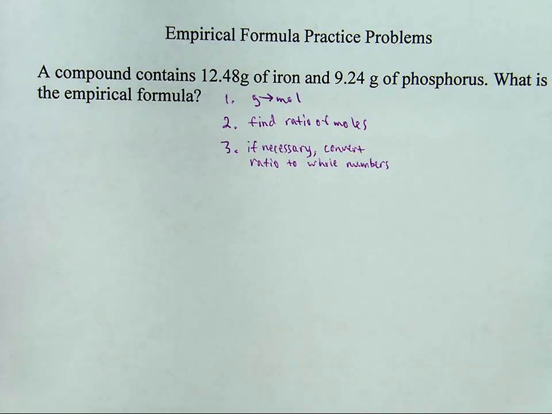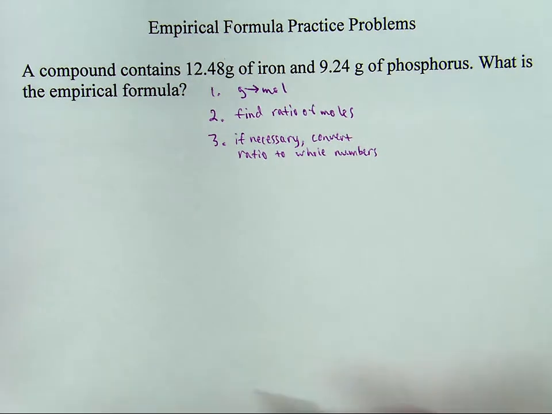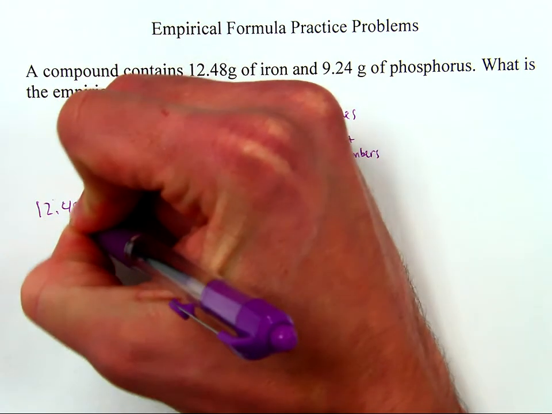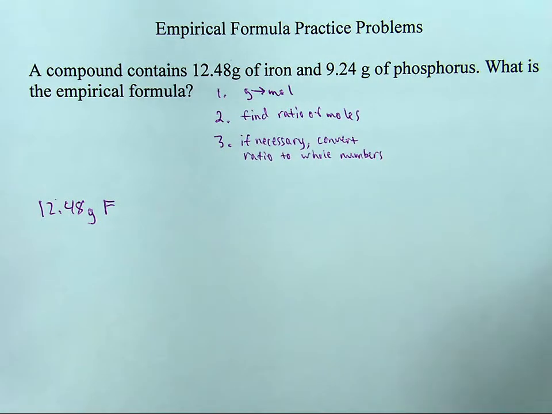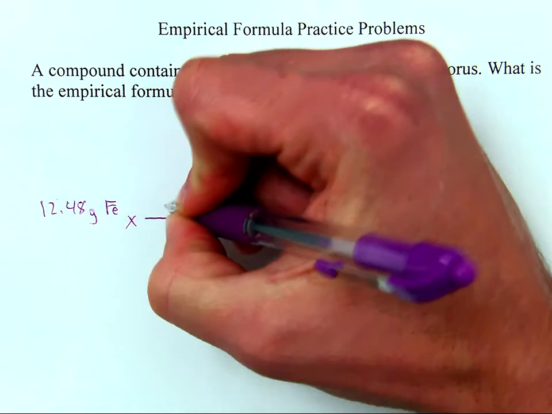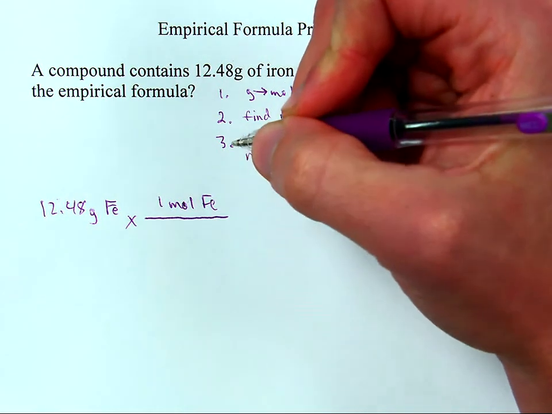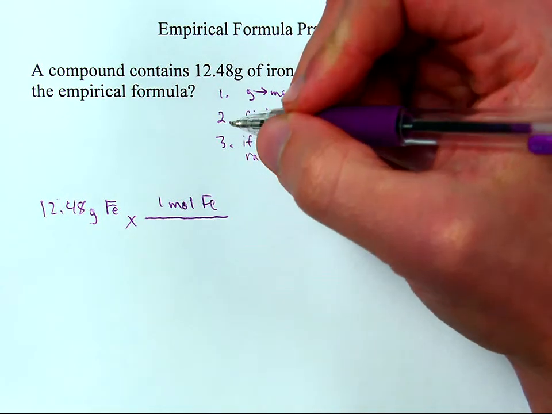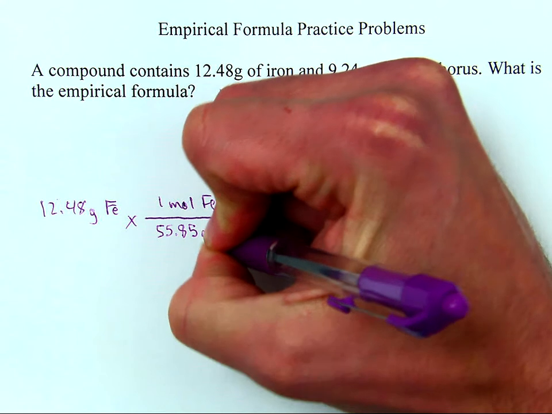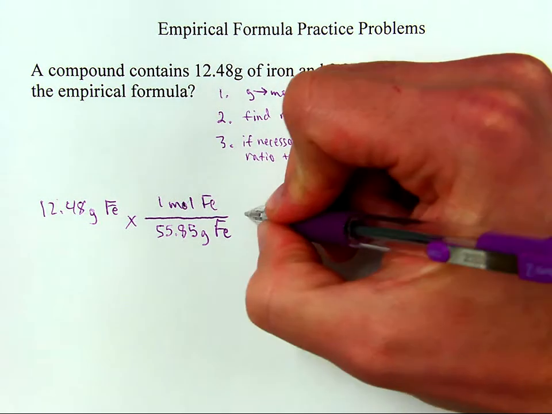Step 1, convert from grams to moles. So I'm going to convert grams of iron to moles of iron, and grams of phosphorus to moles of phosphorus. Here we go. 12.48 grams of iron, converted to moles. So 1 mole of iron has a molar mass of 55.85 grams. That's a setup for converting from grams of iron to moles of iron.